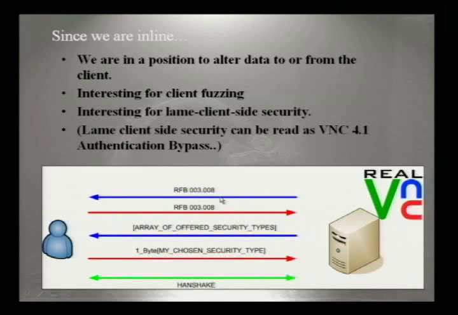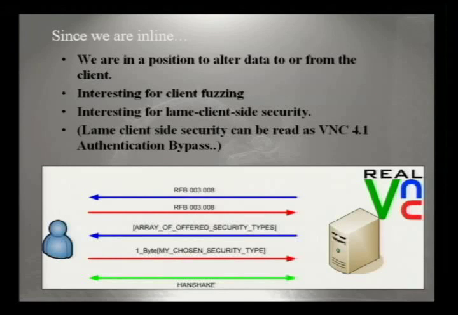The client and server decide that they're both speaking remote frame buffer, whatever version. And then the server sends the client an array saying, I'll happily talk to you with authentication type 1, which is password, or 2, which is certificate, or whatever. And the client then sends back, that's cool, I'll talk to you with authentication type 1, which is password.